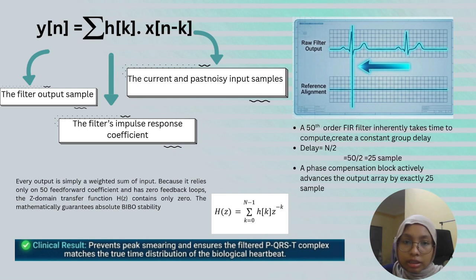To resolve this lag, we program an active phase compensation block within our MATLAB workspace by advancing the output array index by exactly 35 during plotting. We completely nullify the processing lag. So the clinical alignment ensures that our filter output matches the true timing of the biological heartbeat without shifting the medical peak.